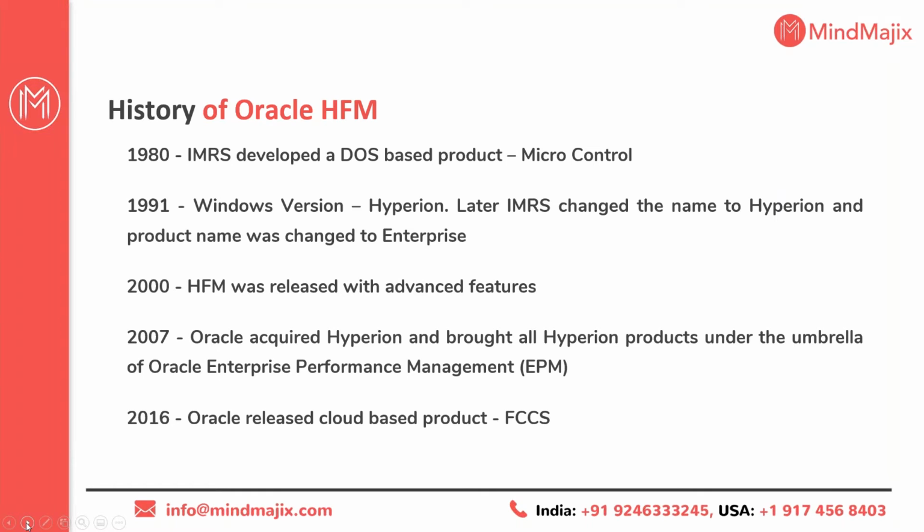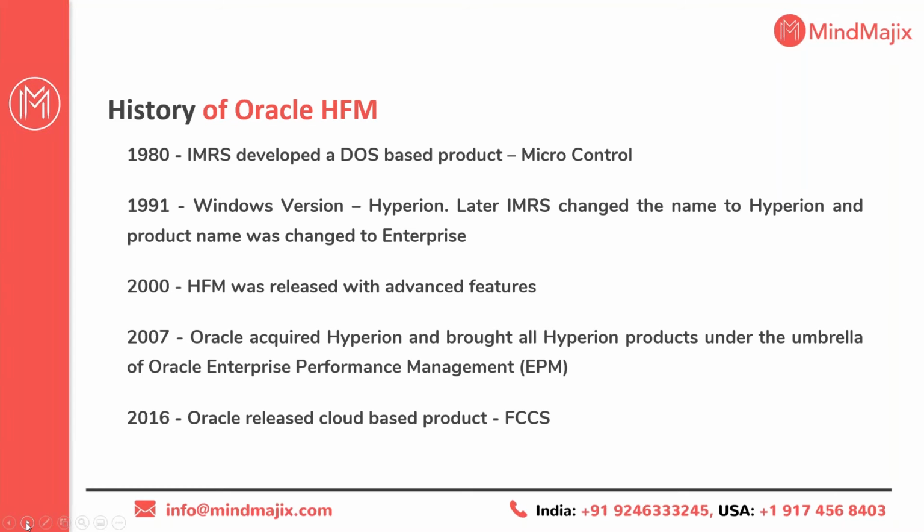That's the product they are saying is going to be stable for the next 10-15 years. So that's very good news, because on-premise is going to stay for some time. Everything is not going to go to cloud. You can migrate your platforms to cloud, but this application will still be there on-premise itself. So this is a quick history of Oracle HFM.